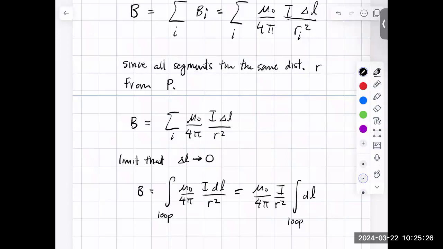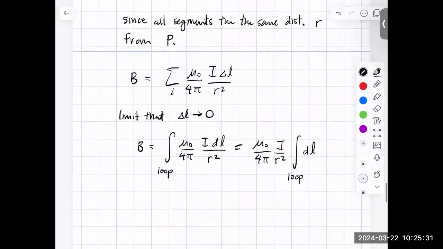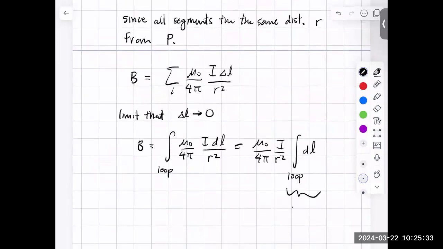And so if we add up all those little lengths, what do we get? You get the circumference, and the circumference is 2 pi r. Yeah, so the total length of the loop, that's right.